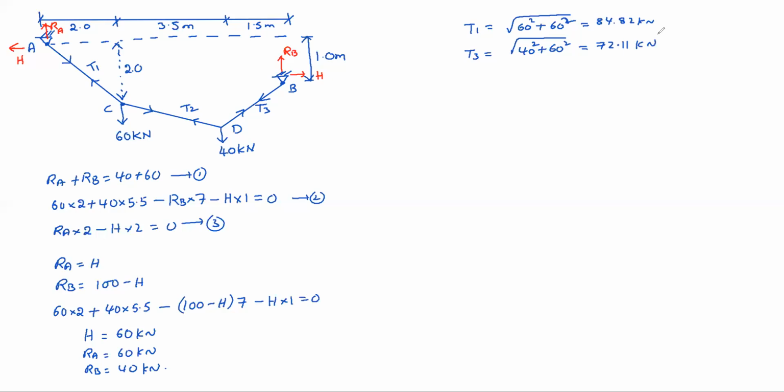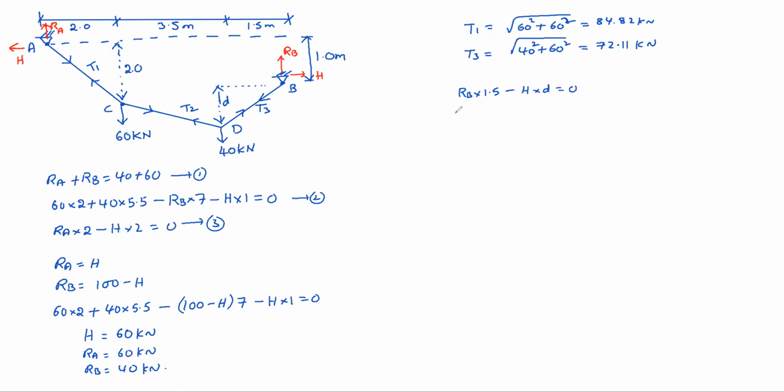Then total dip we need to find, right? Or otherwise, this one we need to find. Let us assume this is D. So to find D, RB into 1.5 minus H into D equal to 0.